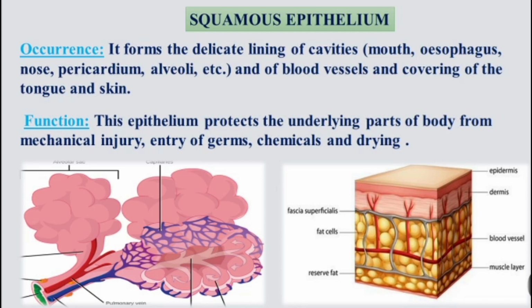What is the main function? This epithelium protects the underlying parts of the body from mechanical injury, entry of germs, chemicals, and drying. Yes, it is a protective function, and it is helpful against any body damage or mechanical injury.